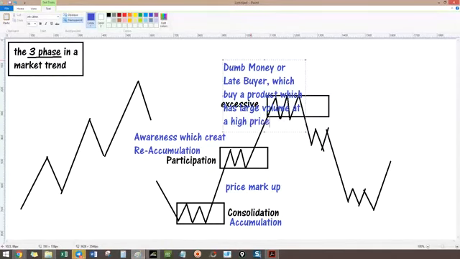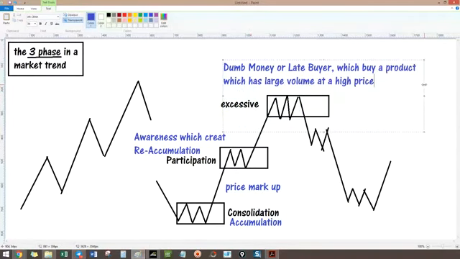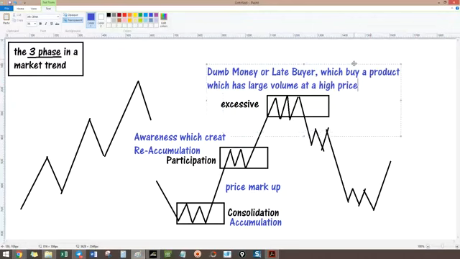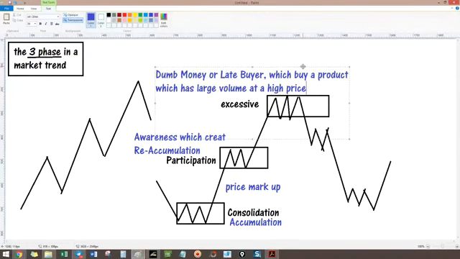This should not be happening actually, but this is how they manipulate the market. So dumb money or late buyers buy a product which has large volume at a high price.